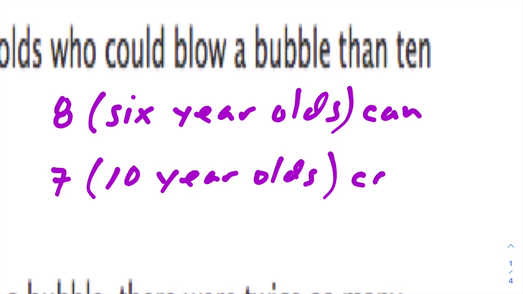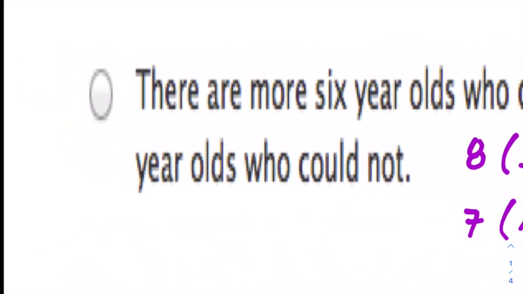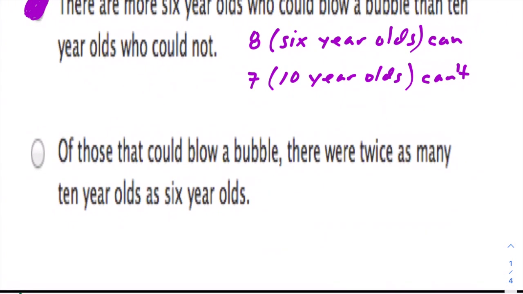So there were 8 6-year-olds who can and 7 10-year-olds who can't. So are there more 6-year-olds who could blow a bubble than 10-year-olds who could not? Yep, 8, 7, 8 is bigger. So yes, this one is true.